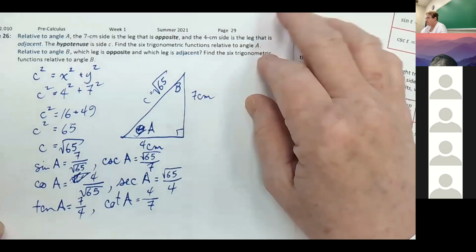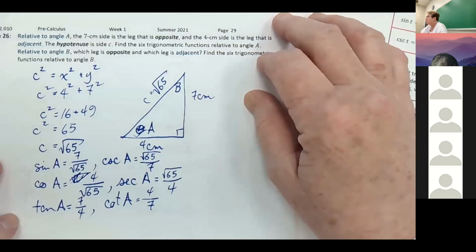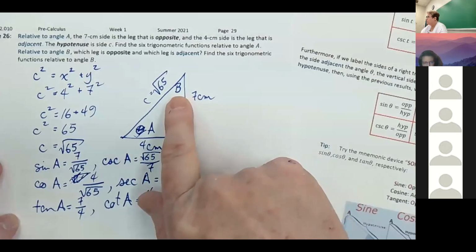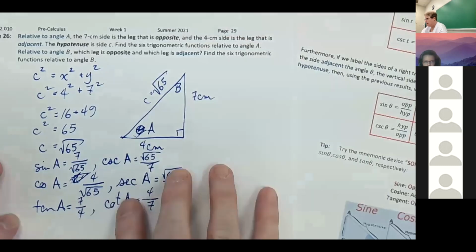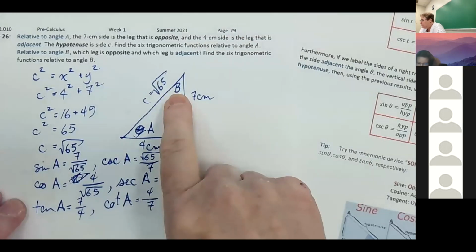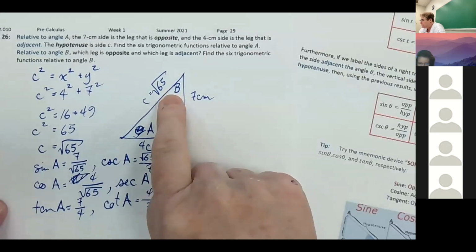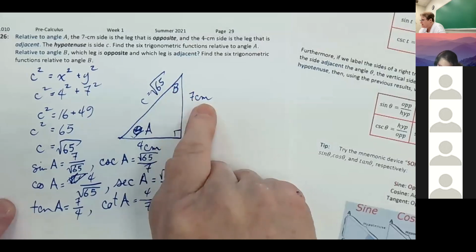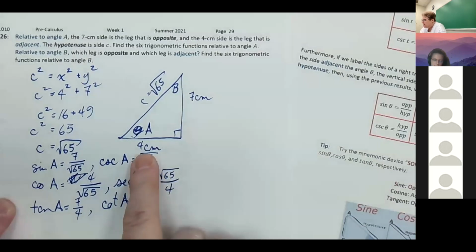It's always going to be a side. The hypotenuse is never a side. The 7 centimeter side. Good. So from the point of view of angle B, the 7 centimeter side is adjacent and the 4 centimeter side is opposite.